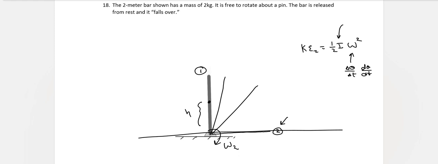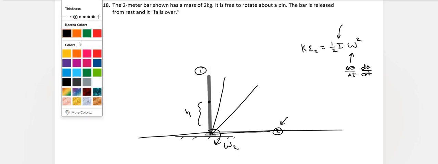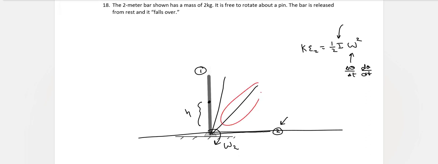Now, the work term. The work term is again 0, and I try to make a big deal about this whenever I can. Let me draw force vectors, and so that they stick out, I'll draw them in red. Let's look at an in-between force vector, like right here. The gravitational force is straight down, equal to mg. As far as this region is concerned, that's the only force acting.